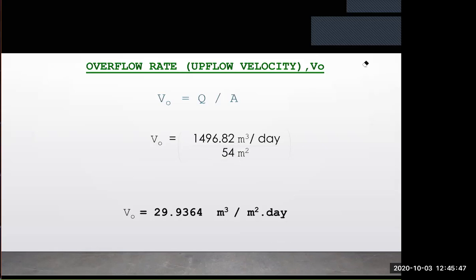That is what we have computed a while ago. That is 54 square meter. So the overflow rate is now equal to 29.9364 cubic meters per square meter day.